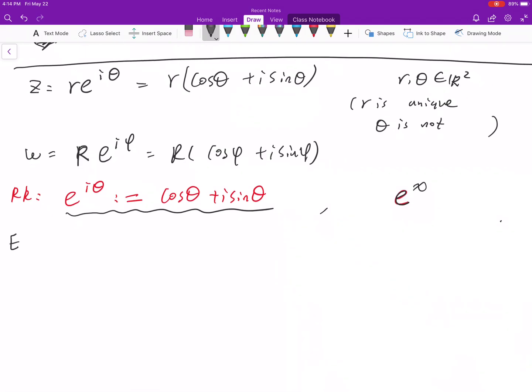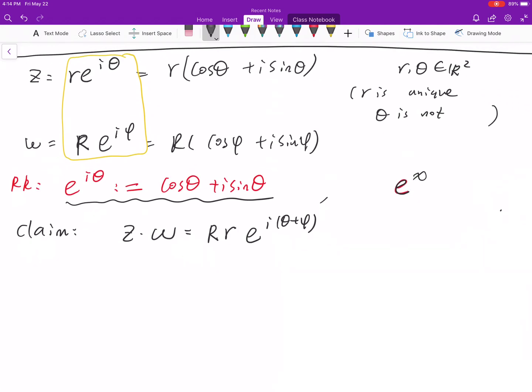Then I claim: z times omega, if you look at this part, what can you guess? You can guess the answer will be r times rho times exponential i (theta plus phi).